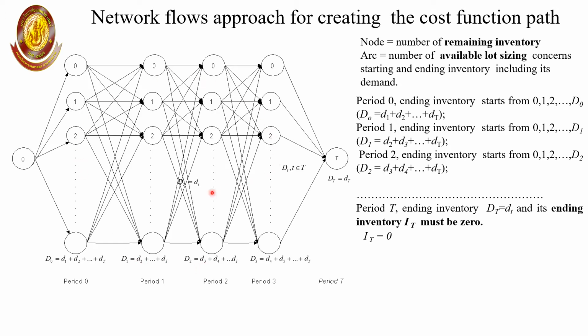This network indicates the node to be the number of the remaining inventory. X is the number of available lot sizing.